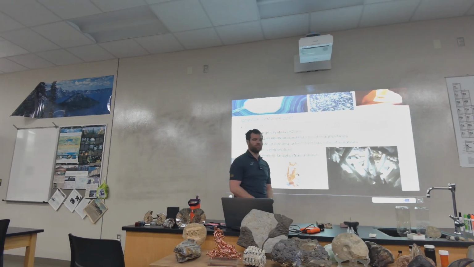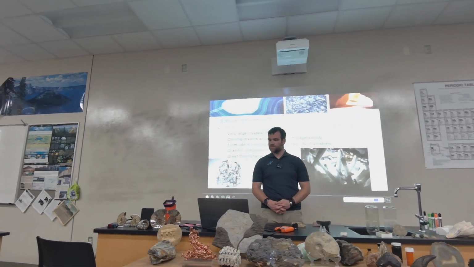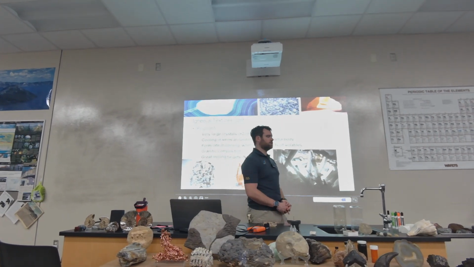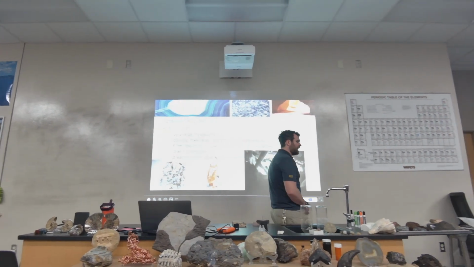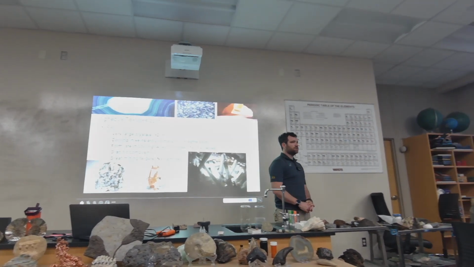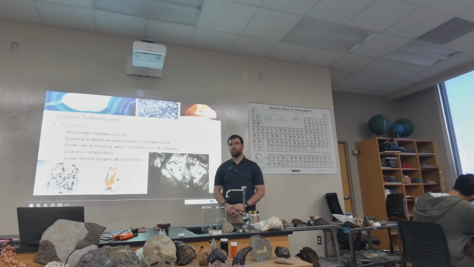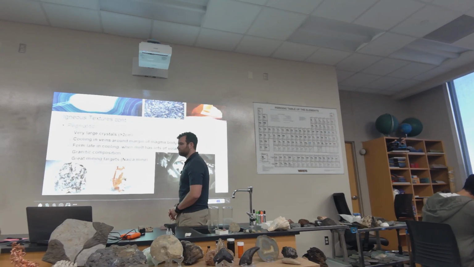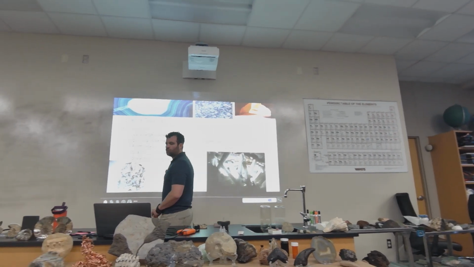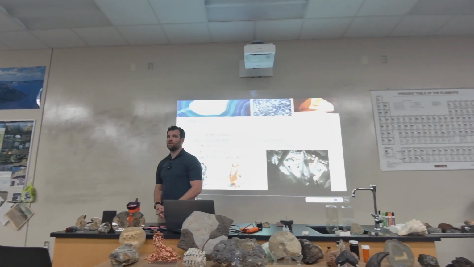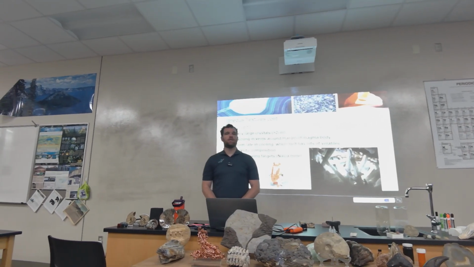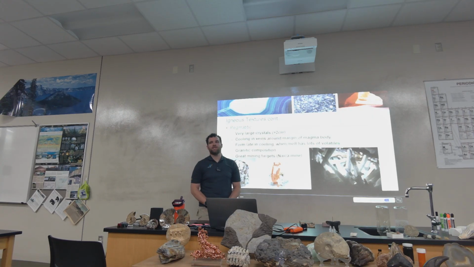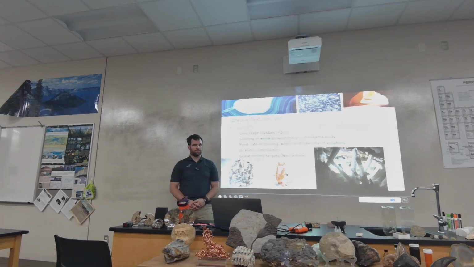This is something called Bowen's reaction series, which we will discuss in the next few slides. As its chemistry changes, the very last thing that it forms is a pegmatite. And pegmatites have truly massive crystal sizes. The largest feldspar crystal in the world was found in a pegmatite, and it's the size of a 2-story house.